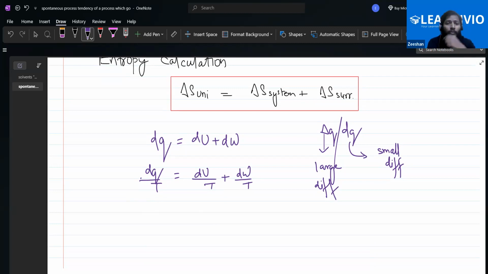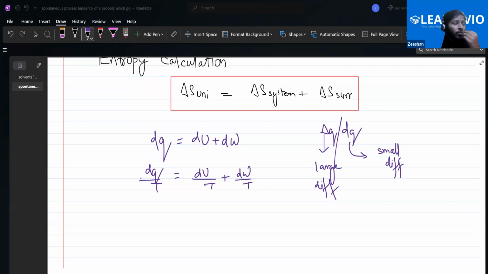Wait. From where have we written this first formula, dq is equal to du plus dw? From the first law of thermodynamics. Good.